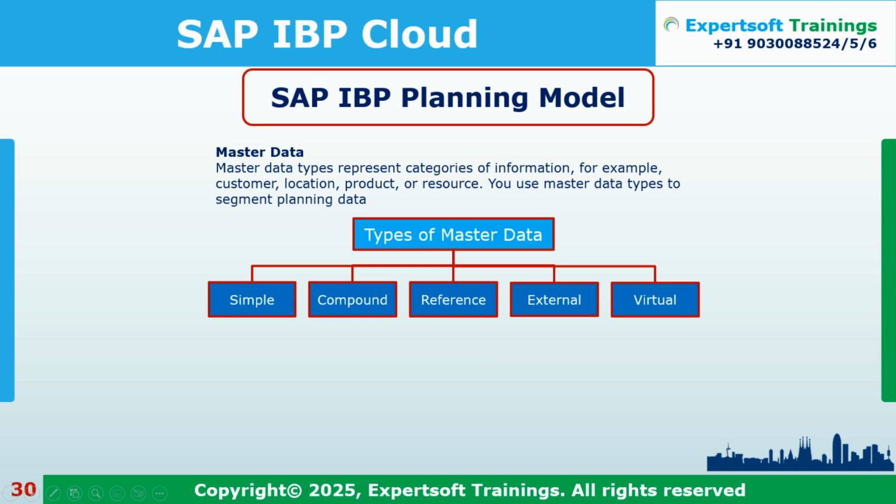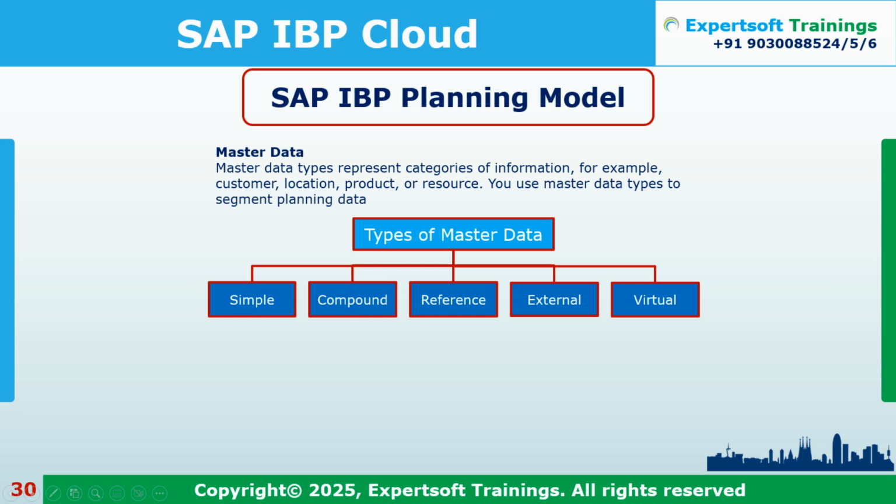You will get to know more about it when you go into it. For the time being, understand that for order-based planning, we'll use the external master data. What order-based is, we'll see in the coming sessions.